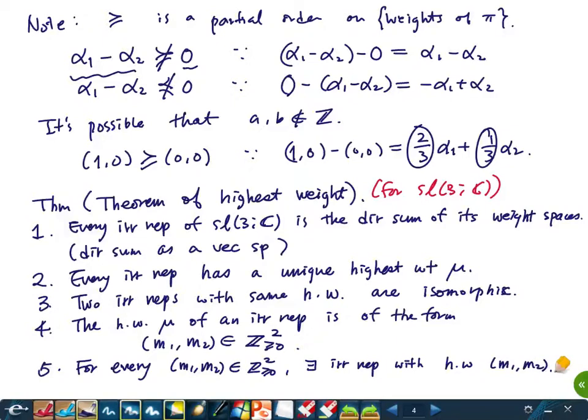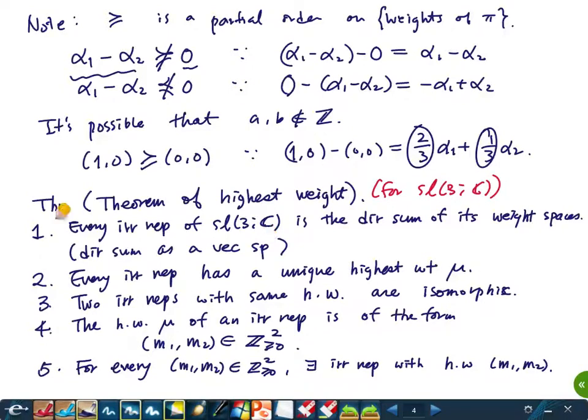So here are the 5 statements for this theorem. This is kind of a parallel theorem for the results that we learned for SL2, right? Everything is generalized nicely this way.